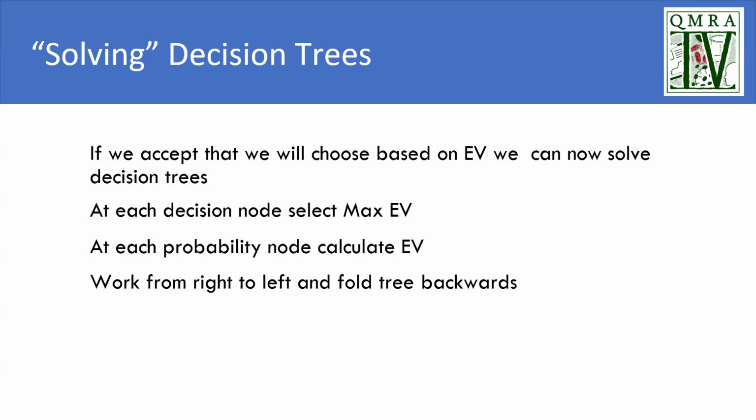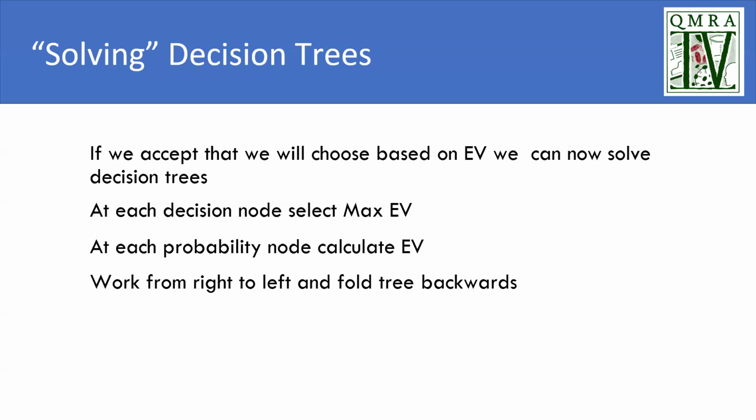So in order to solve our trees, first we accept that we're going to make our decision based on expected value. Second, we are going to calculate the expected values for each node, and at each decision node, or square, we're going to select the maximum expected value.